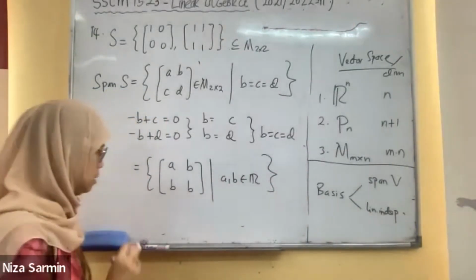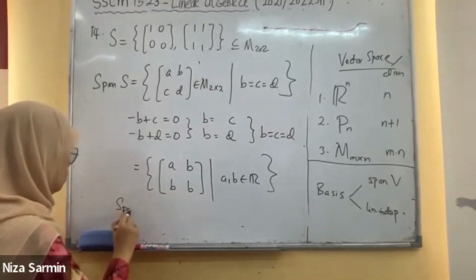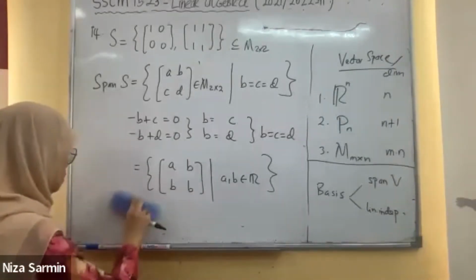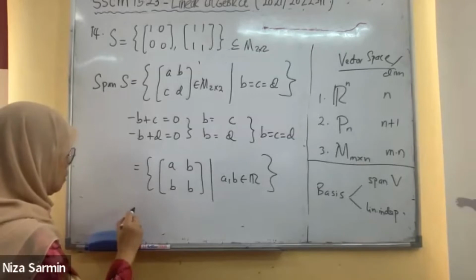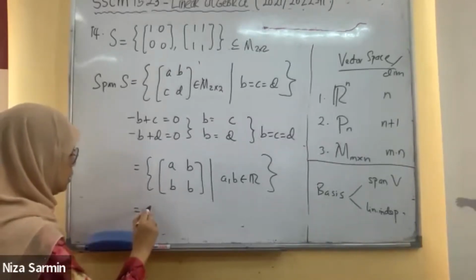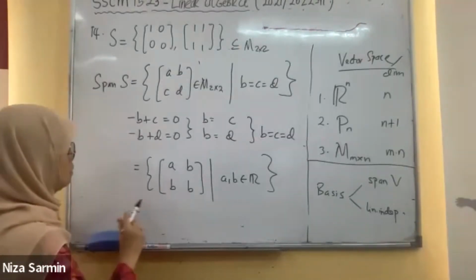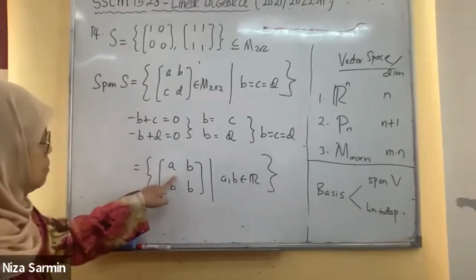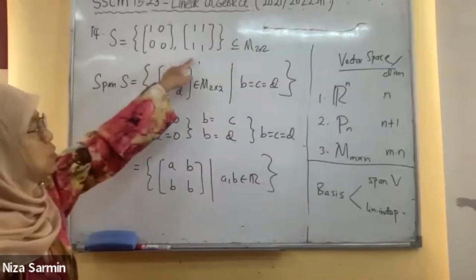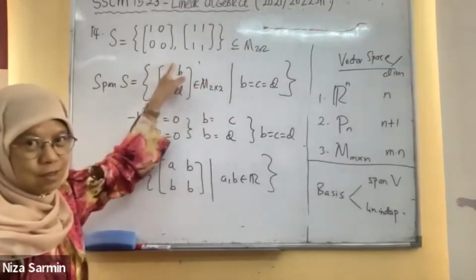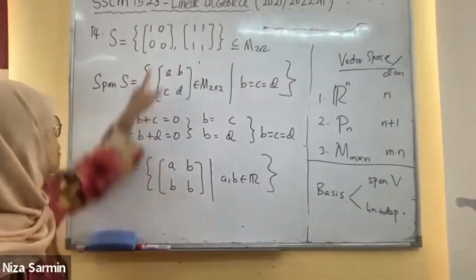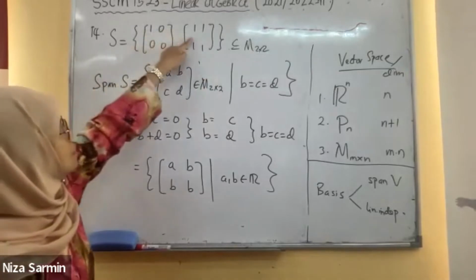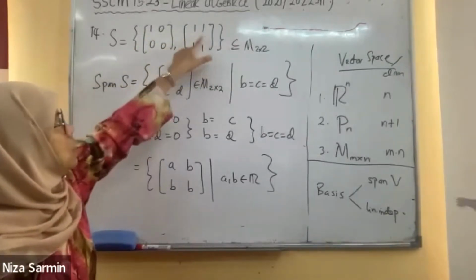And actually, this is just multiplying A and B, when you add this, and then these two are equal.